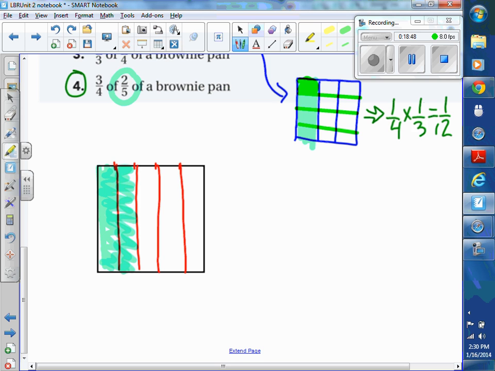Now I'm going to do 3/4 of that. So what should I do first, Ryan? I've got the 2/5. So look at the denominator of the new thing. Oh yeah, we should come in for 20. No, because I'm not adding. I want to take 3/4 of this green part.